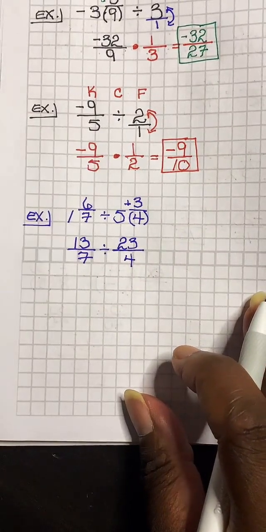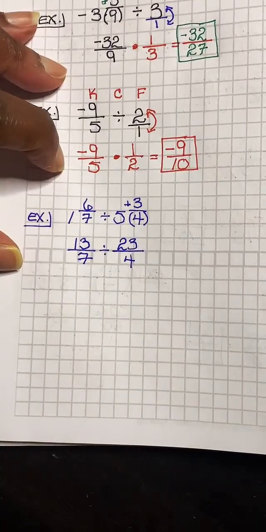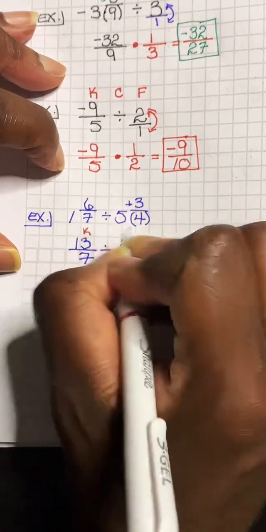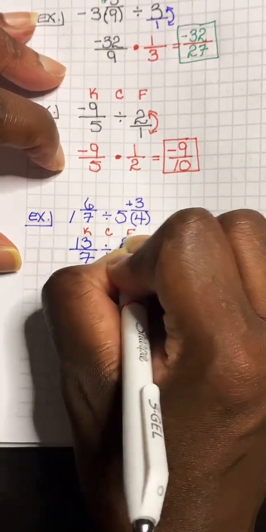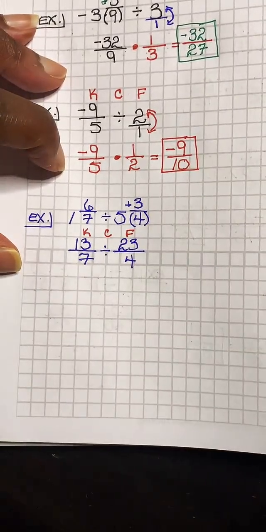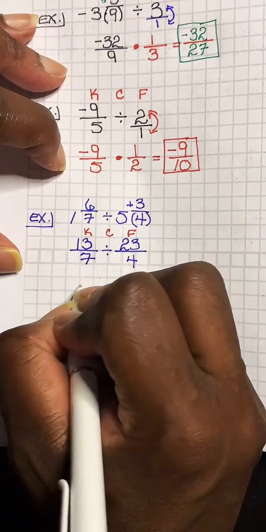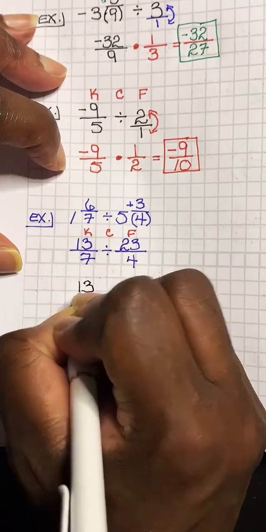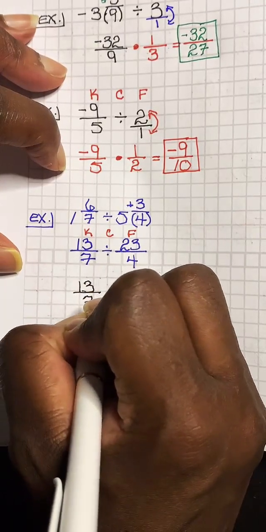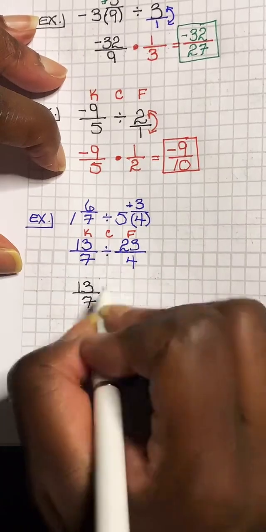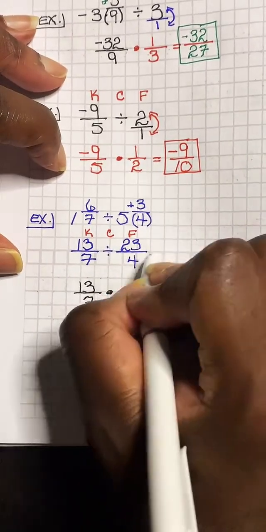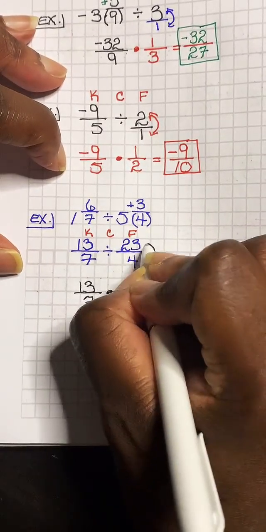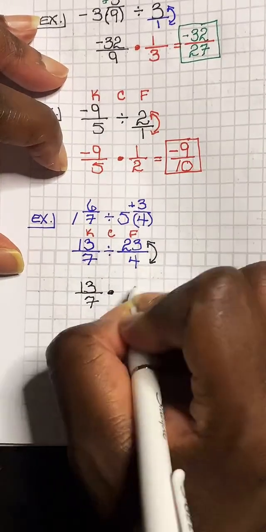Okay. Now, we're going into keep, change, flip. That's what you guys were doing. Sorry, anonymous. My apologies. So you have your 13/7. You change it from division to multiplication, and then we're going to flip that ratio.